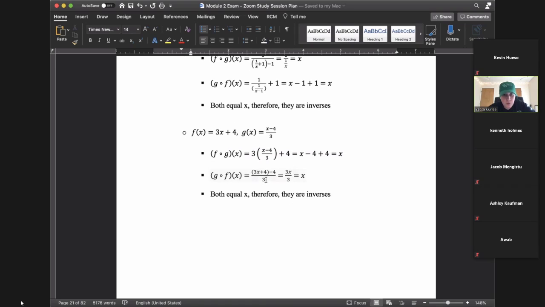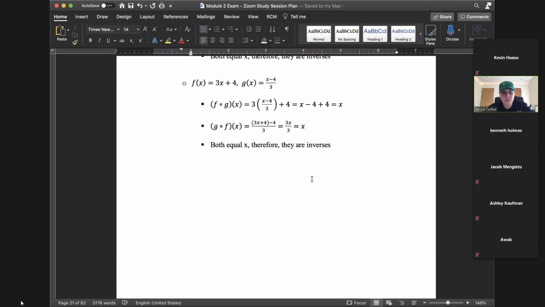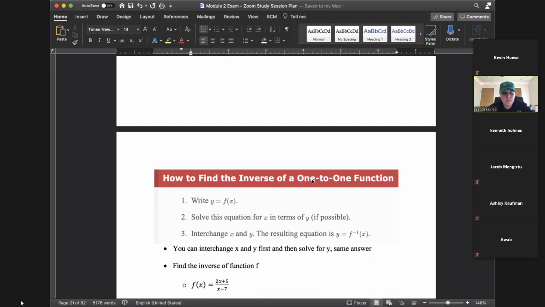For g of f of x, we take the x in g of x and replace it with f of x. So we've got 3x plus 4 minus 4, which is 3x over 3, which equals x. So they are inverses of each other because both f of g and g of f equal x.